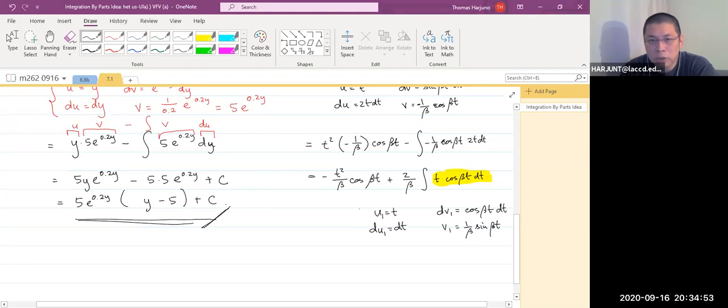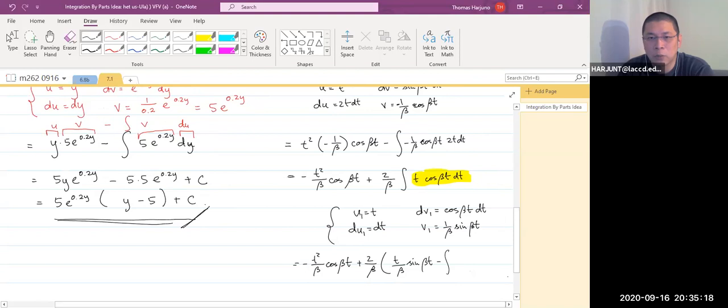So I will continue. This guy is negative t squared over beta cosine beta t plus 2 over beta, parenthesis, u1 v1, t over beta sine beta t, minus integral of v1 du1, 1 over beta sine beta t dt.